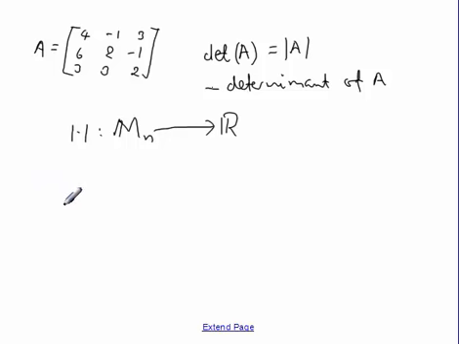You decide on what order of matrices you're dealing with. Now we're dealing with 3 by 3. We write here determinant of A equals a straight line. Please, guys, make sure that you see the difference between this line and that line there, because the notation must talk correctly to the person who is reading.